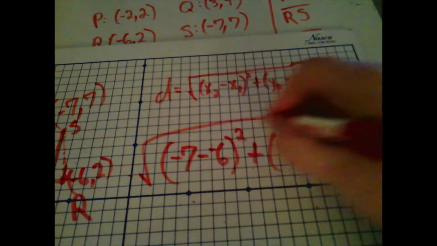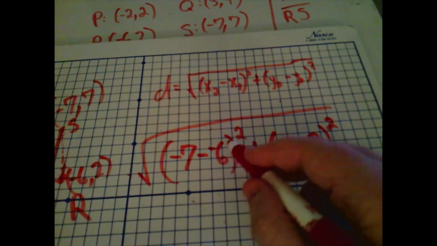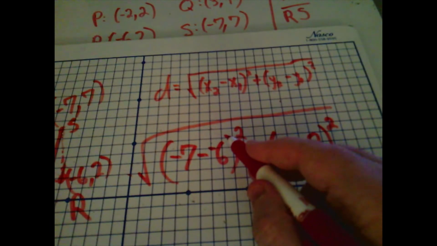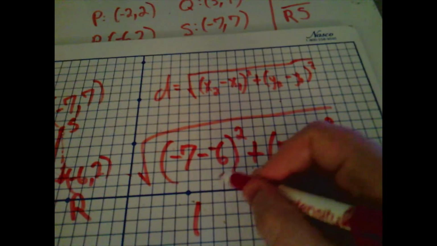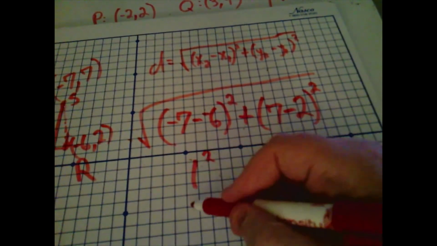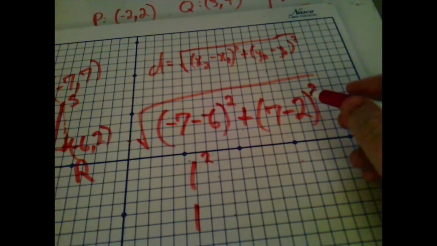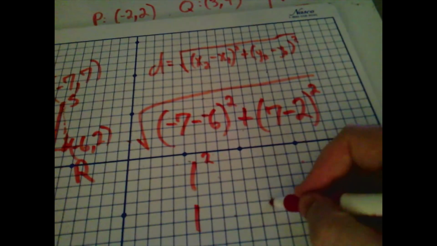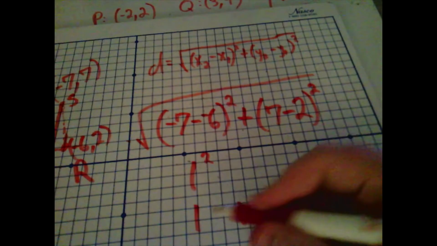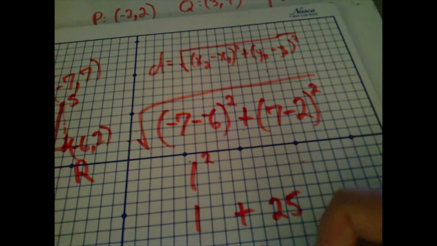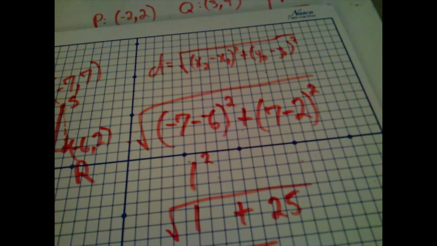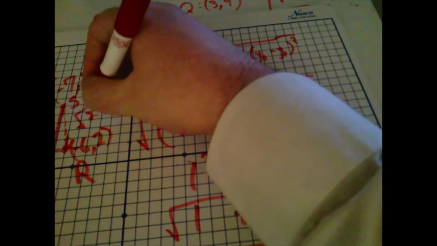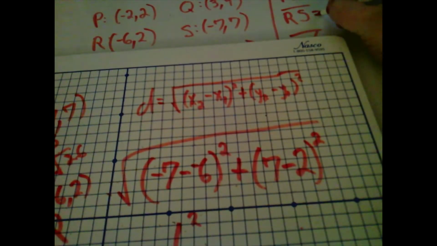We're taking the square root of all that. -7 minus -6 is -7 plus 6. That should just be -1 squared, which is 1. 7 minus 2, that's 5. 5 squared is 25. Add those together, it's 26. So the distance between these 2 points is the square root of 26. RS is equal to the square root of 26.